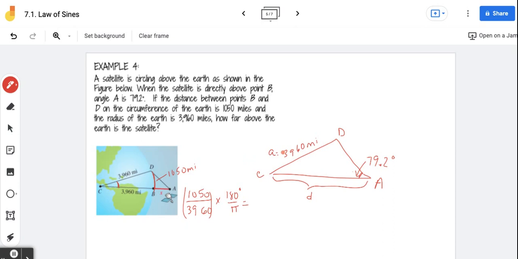All right, so let me type that in my Desmos here. I need 1,050 divided by 3,960 times 180 over pi.